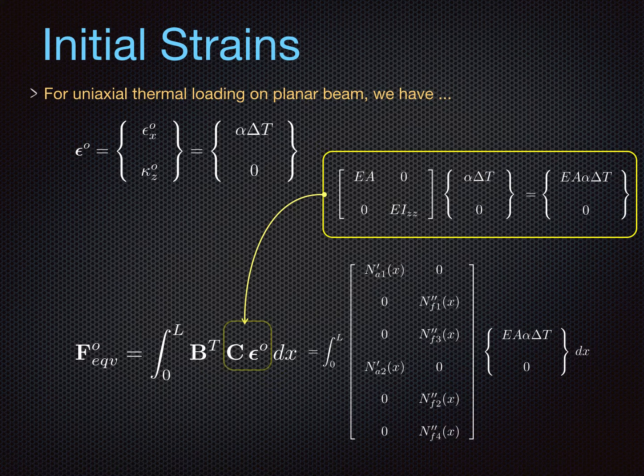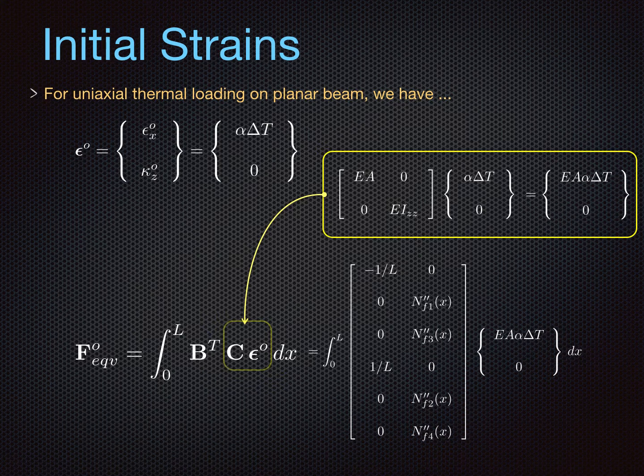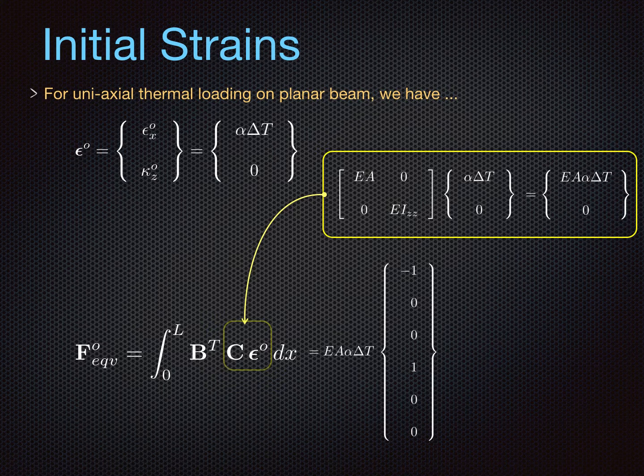So we're essentially multiplying our B transpose matrix with this 2x1 vector whose second component is simply 0 and whose first component is the axial stiffness, EA, times alpha times delta T. And if you carry out the integrals and do the necessary simplifications, because there are many zeros, multiplying all the second derivatives of the flexural shape functions will all be multiplied and go away. Only the axial components will come in, and the result will be quite simple.